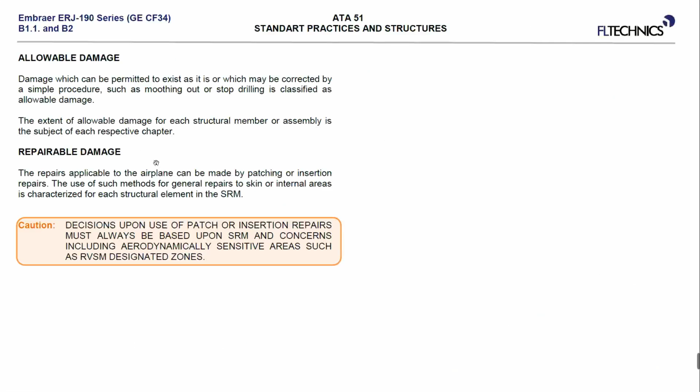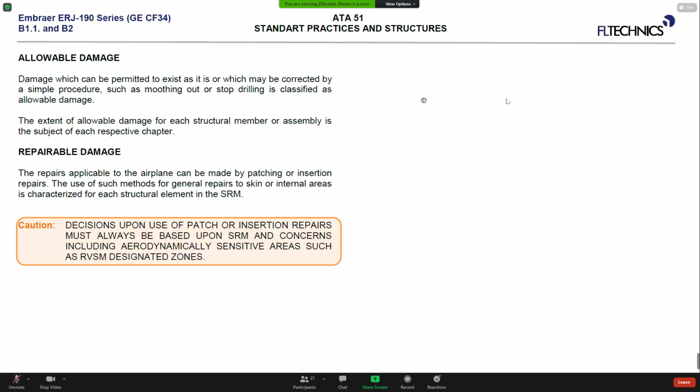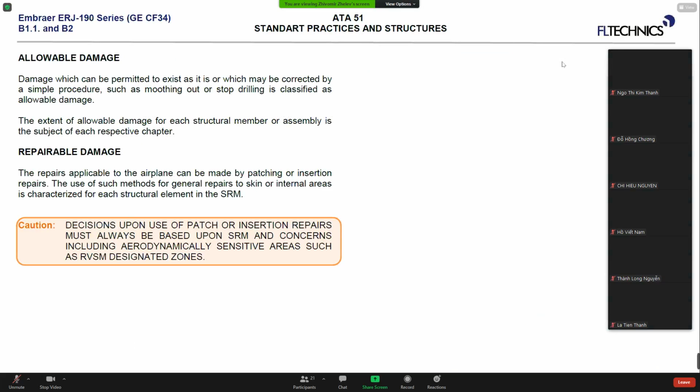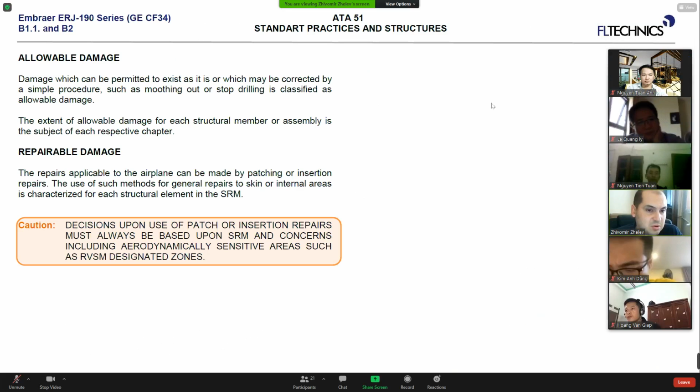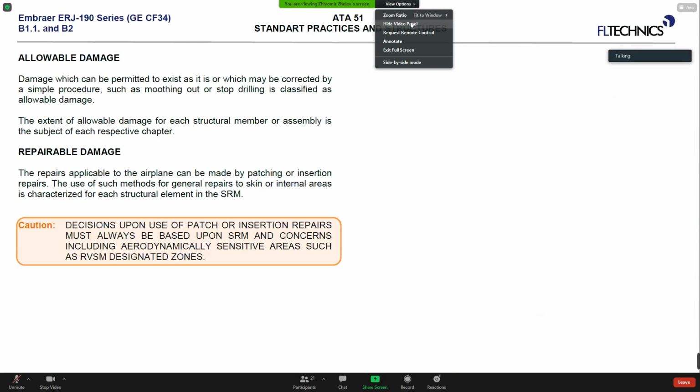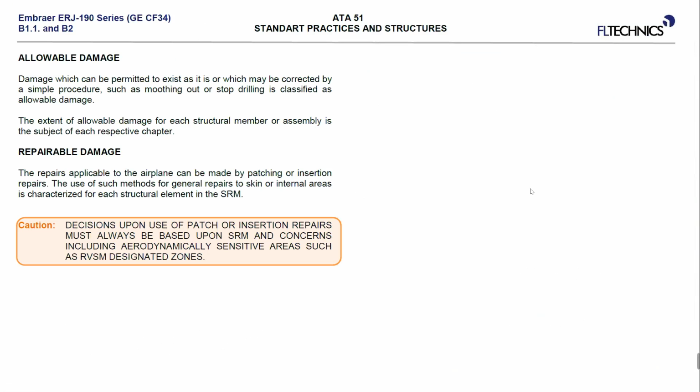So, allowable damage. We said allowable damage is a damage which can be permitted to exist as it is, or may be corrected with a very simple procedure, such as blending out or stop drilling, which are classified as allowable damage. Many times with this kind of repair, we do not repair, but anyway, sorry.